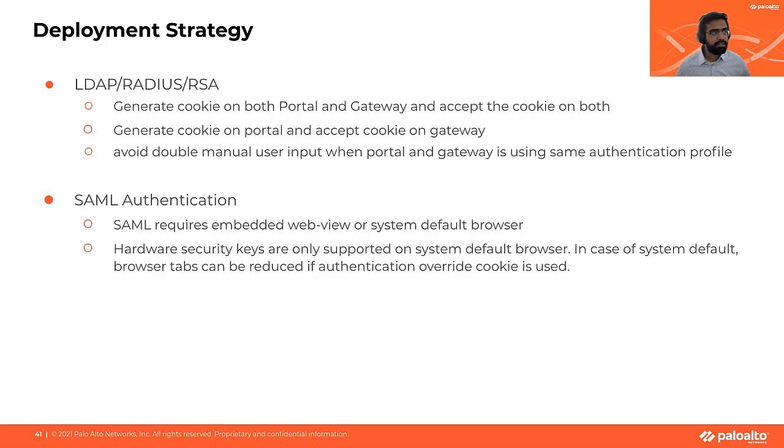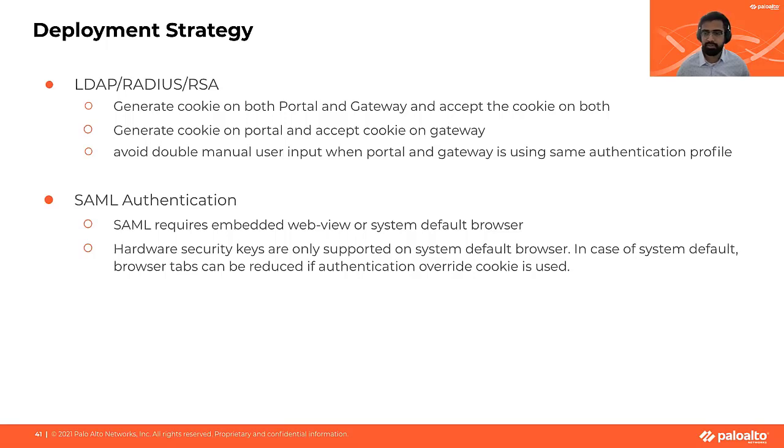We've seen that from a customer deployment perspective, where they are using non-browser based authentication like LDAP, RADIUS, and RSA, customers use generate cookie on both portal and gateway and accept the cookie on both. And this would be highly required for customers that want to promote a more seamless user experience.